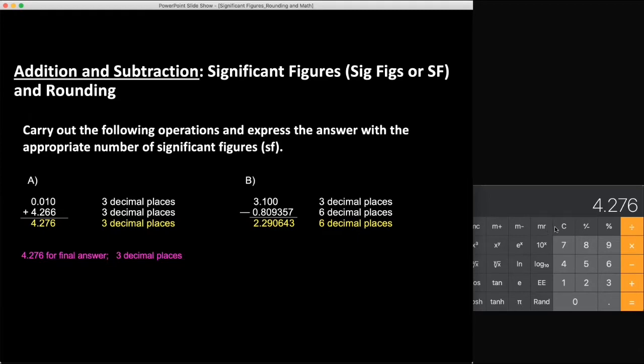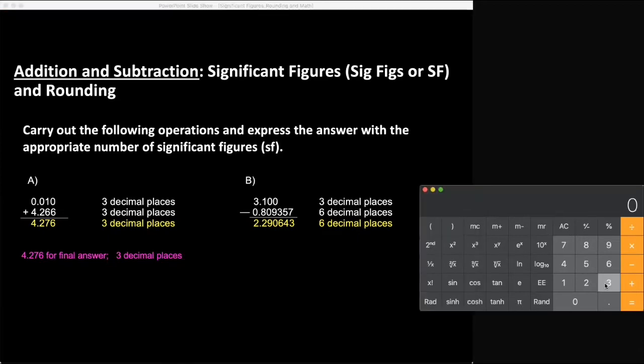For B, it's 3.100 minus 0.809357. You get 2.290643.